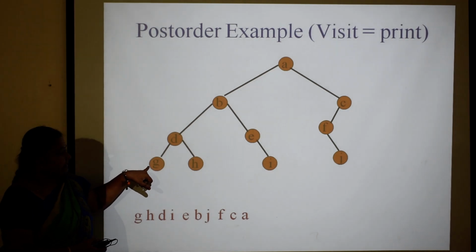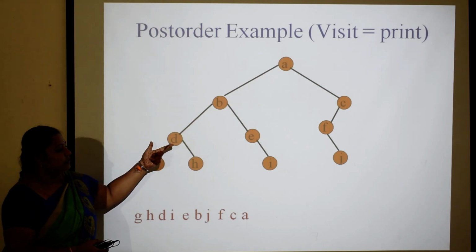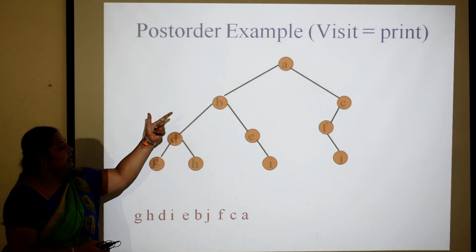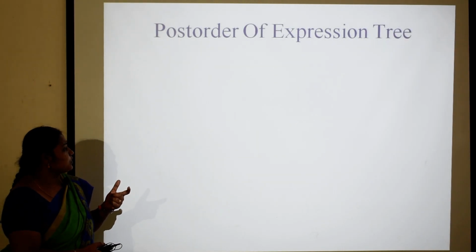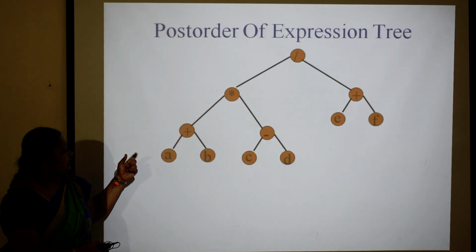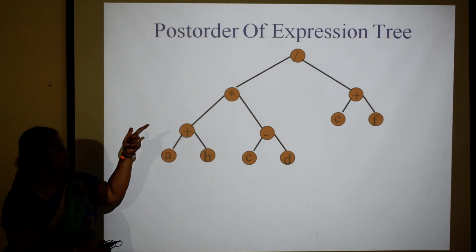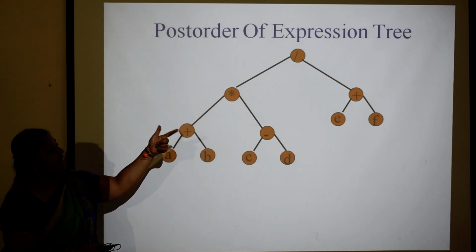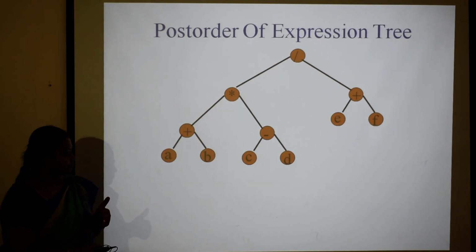So first it prints G, then the right child of D, H, then the parent. Likewise, it prints all the nodes. In an expression also, it will print like A, B plus, then C, D minus multiplied, then E, F plus division. Likewise, it will print.